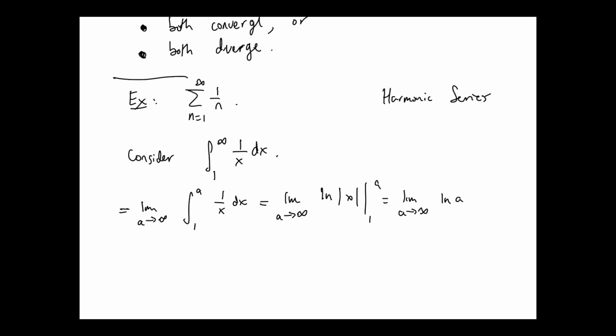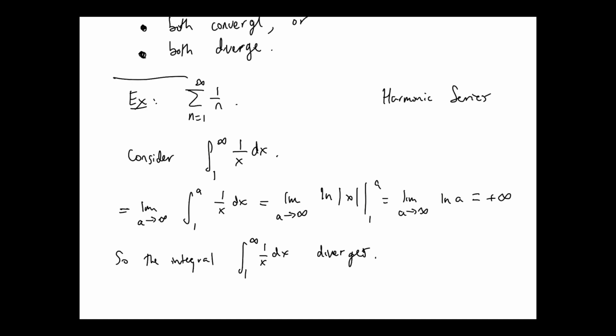So I'm taking the limit as a goes to infinity of log a, and what is that? That's a big old plus infinity. So the integral we were examining diverges. Are we good with that part?